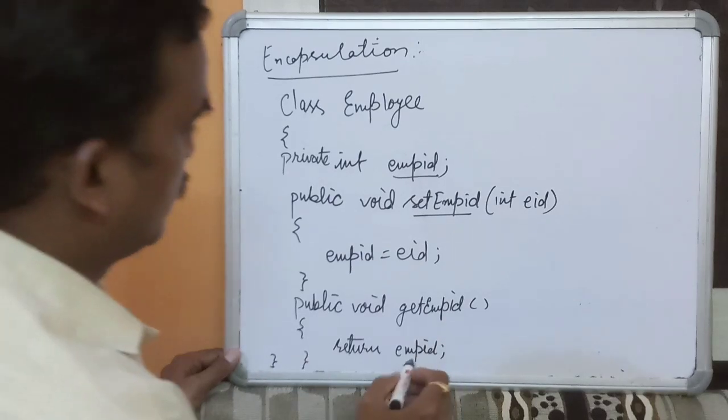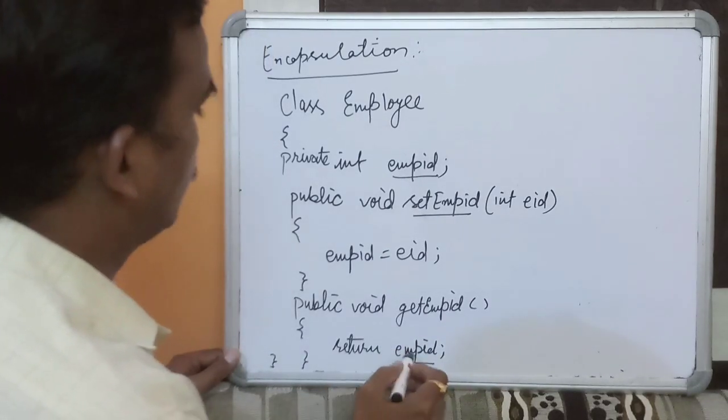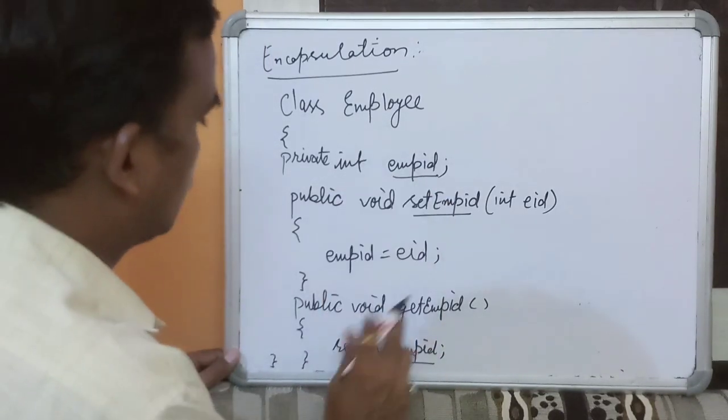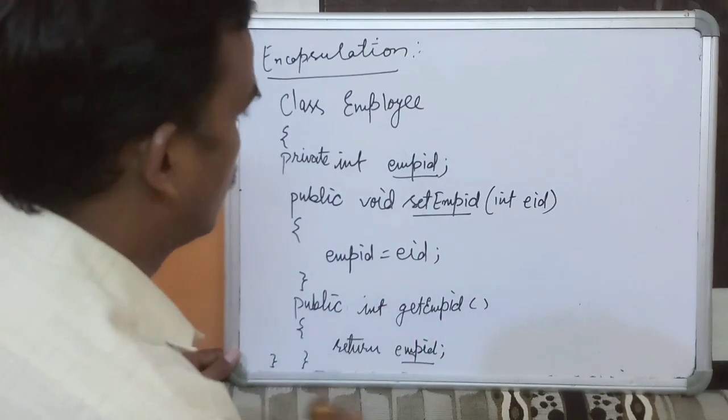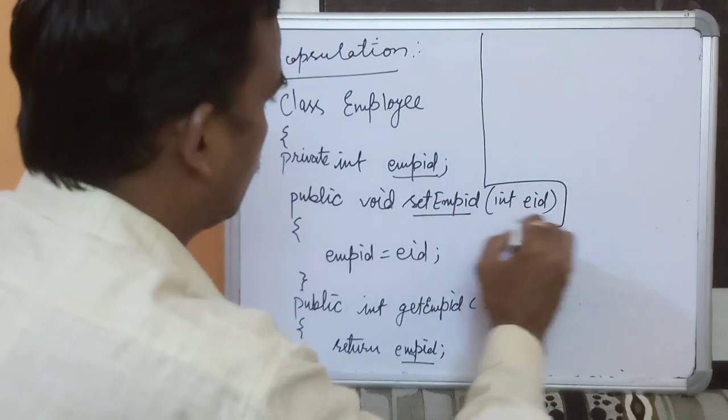The employee id will return an integer value because employee id is of integer type, so we write int here. Okay, so this is our one class.